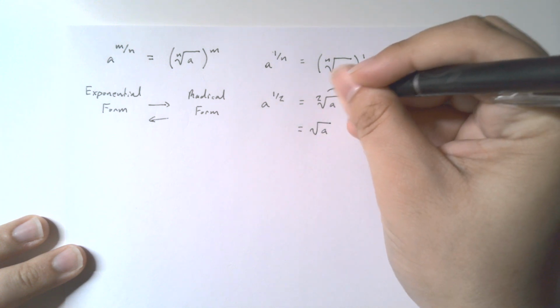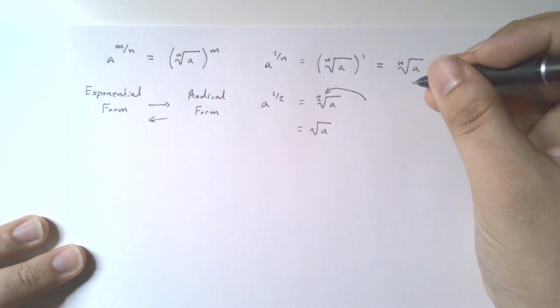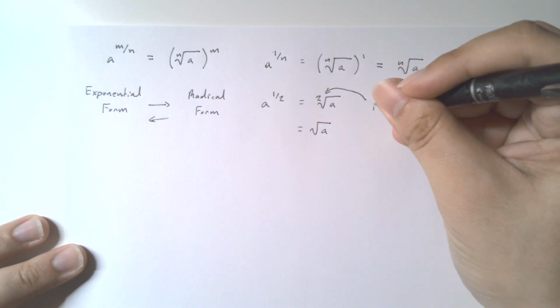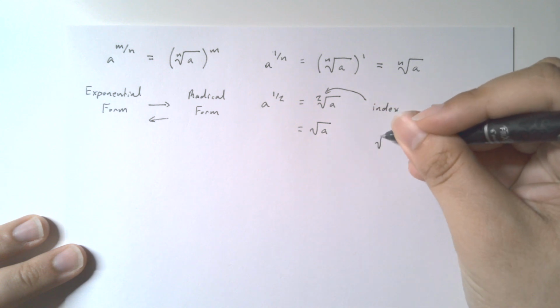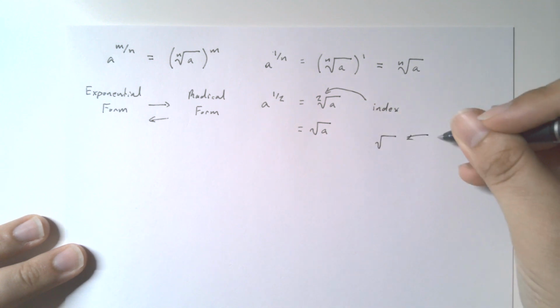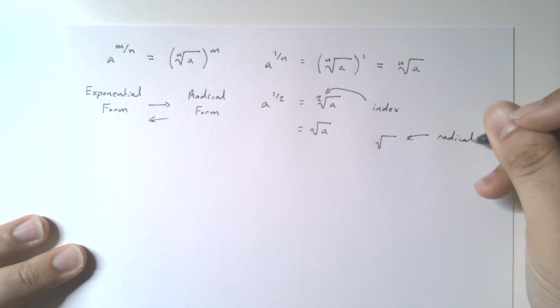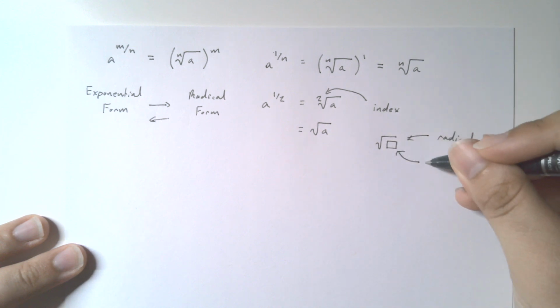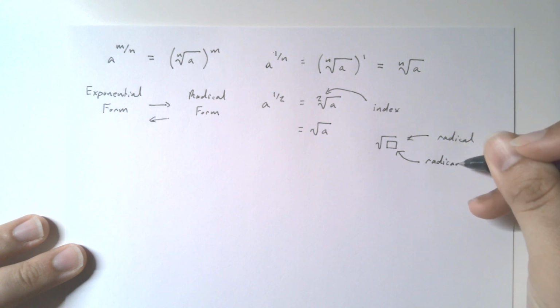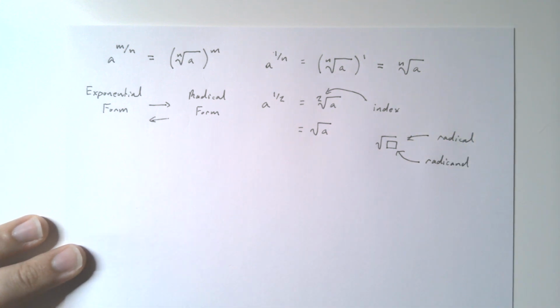So this number that appears in front of the radical like that is called the index. And this symbol here is called the radical. What's inside of the radical is called the radicand. So I'll often use this terminology, probably throughout this video, and you've definitely heard me use this throughout this course. But that's just a quick recap on terminology here.